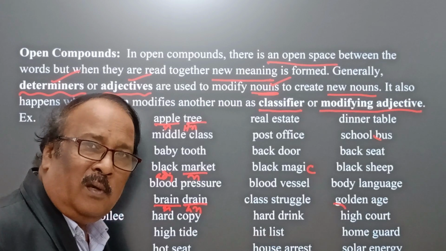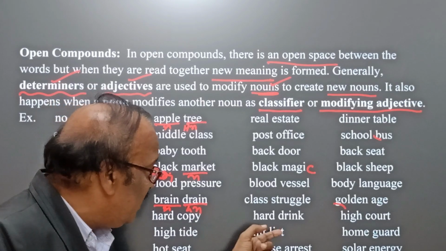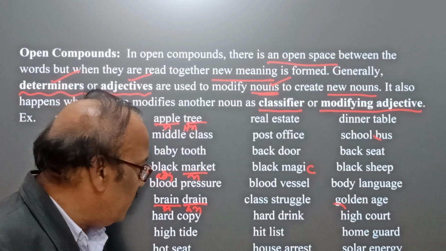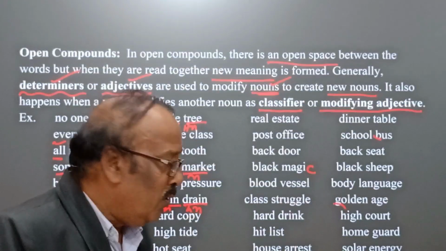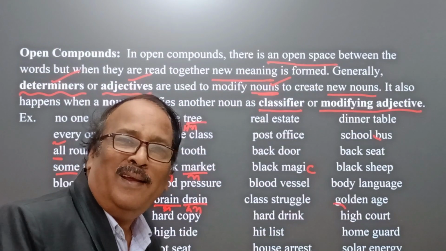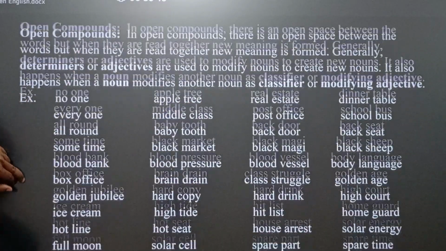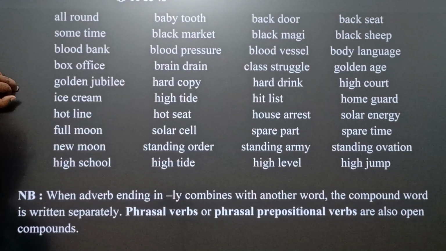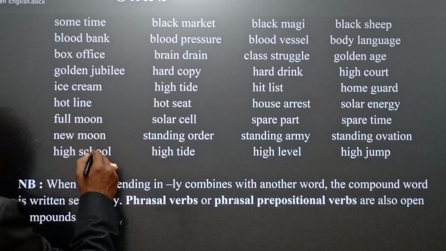Hit list. You are now in the hit list. So hit list is a noun, hit is the adjective. And home guard. Yes, home is a noun, guard is also a noun. Home guard. You see, this is the way we find open compounds. And hotline.